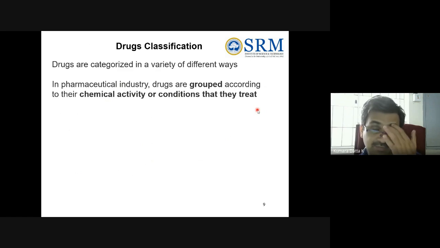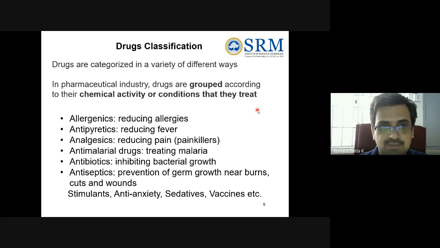Okay, that is a fair classification. We saw different molecular weights and different formats, how the active material can be transported across. Now we are looking at classification.